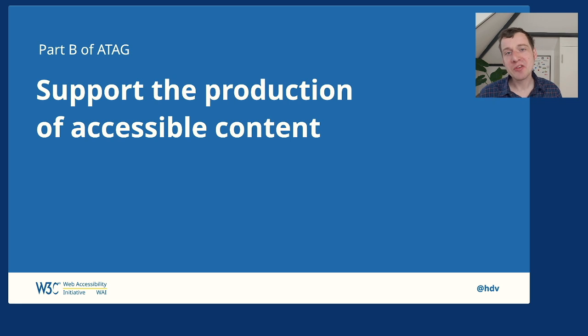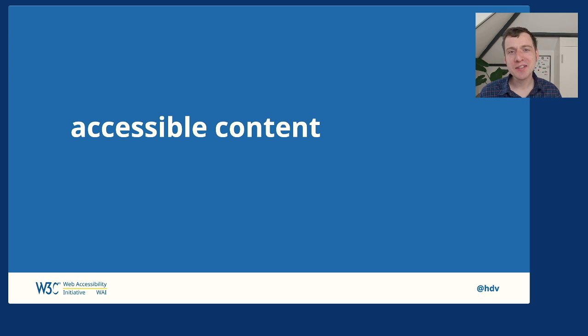Now that's a bit about the first part of ATAG, improving the editing experience, but what I really promised to talk about today is how your CMS could be an accessibility assistant. And in that sense, support the production of accessible content, as the official name is for part B of ATAG. And for that, let's talk a bit about what accessible content is.